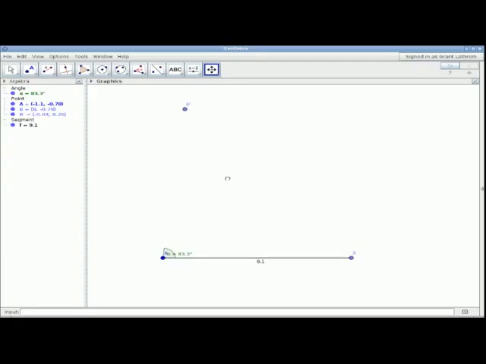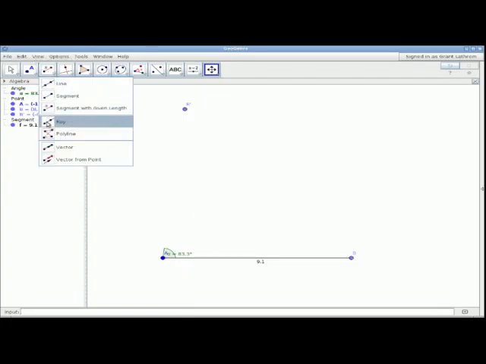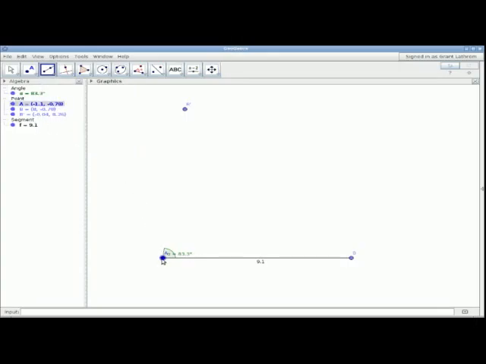And now what I'm going to do is draw the ray through our point A and our point B. I don't need to see that value, so I'll turn off that label, and I don't really need the point B prime. Now I've got an angle that's 83.3 degrees and a side that's 9.1.